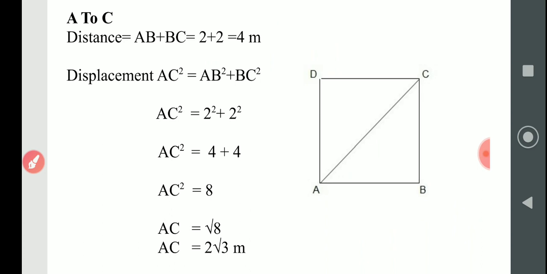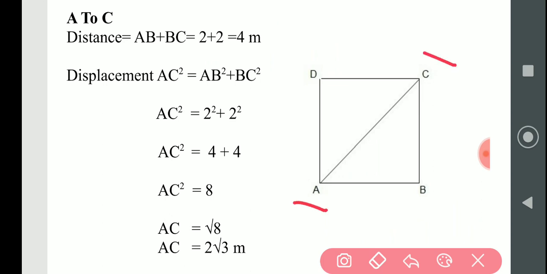Next, displacement. We know that displacement is the shortest distance between initial position and final position. So, the shortest distance between A and C is given by the straight line AC. We can find the distance AC by the triangle ABC.